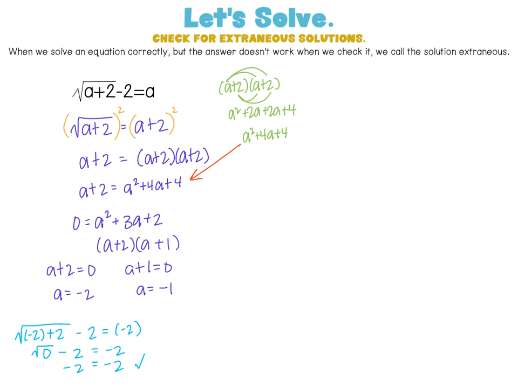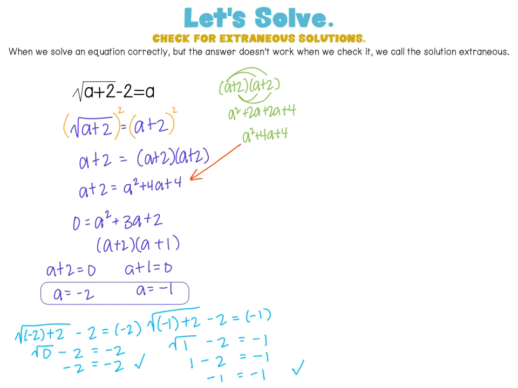That is correct. It does. So I know that -2 is the correct answer. We need to check -1 now. I'm going to plug in -1 everywhere that I see a, and I get -1 equals -1, which is true. It does. So that means both -2 and -1 are answers to this question.